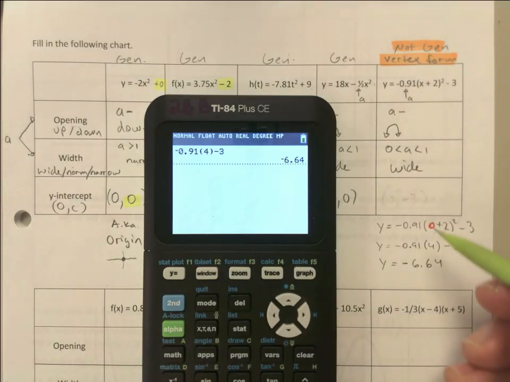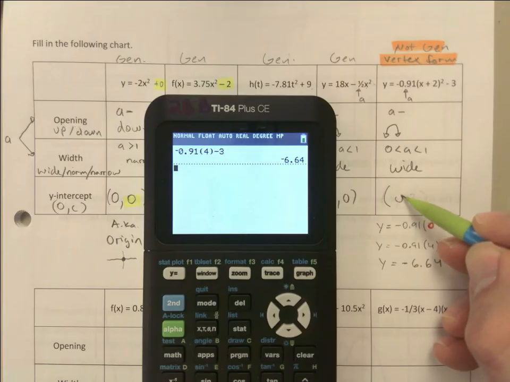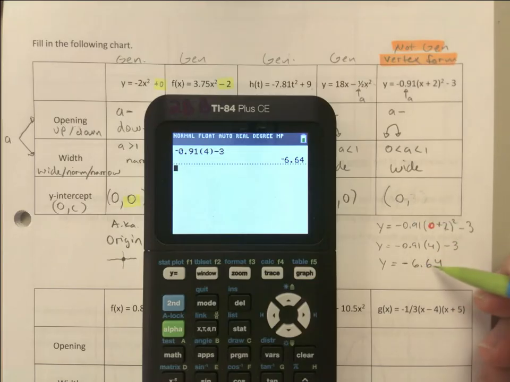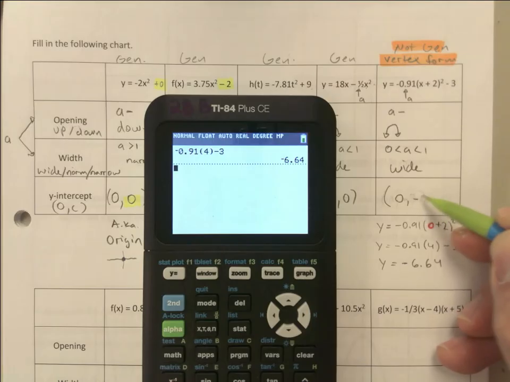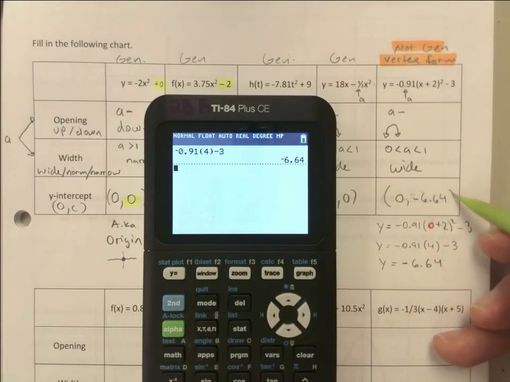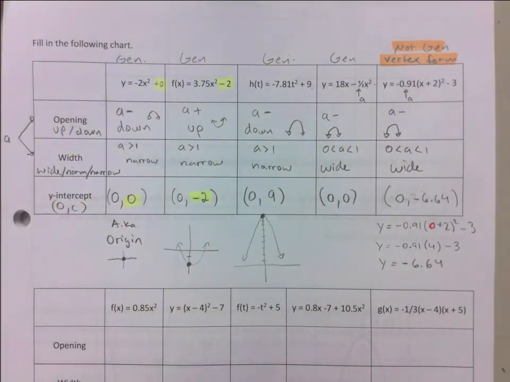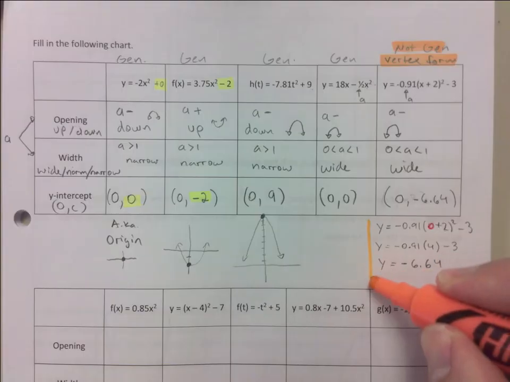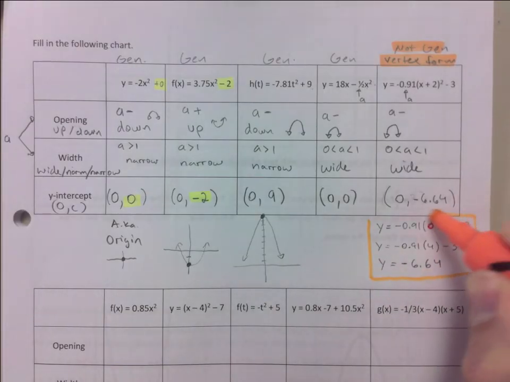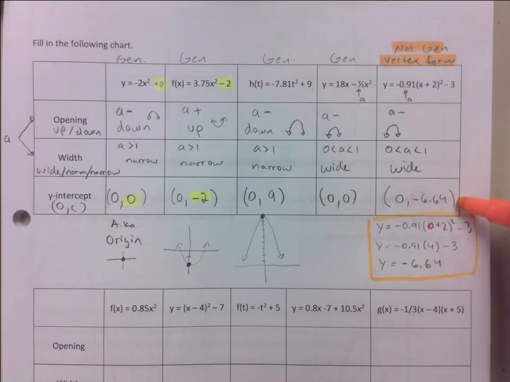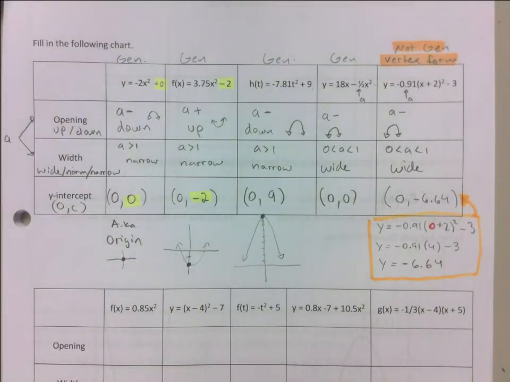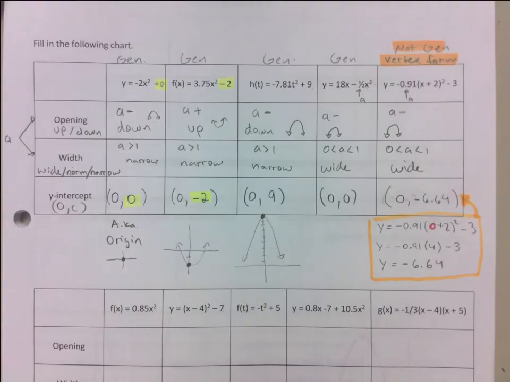So you go back up here and you say, well, I know x is 0 for sure because we're asking for y-intercept, and that's going to be negative 6.64. I will box this in. I have some good news for you because later on when I show you the features of the calculator, you can skip this step and find it a different way. Okay.